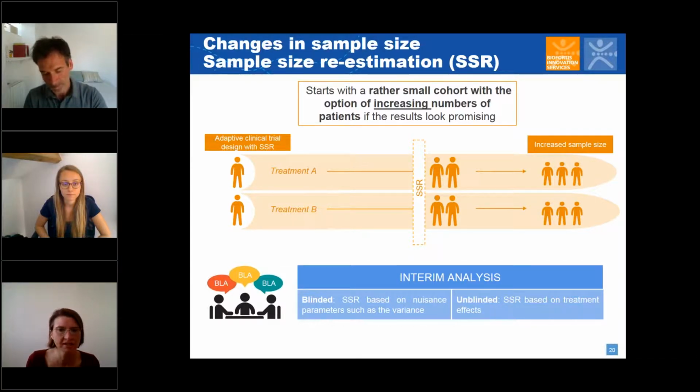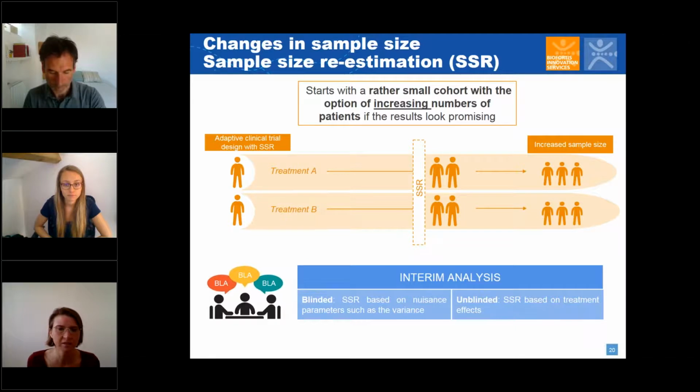The sample size re-estimation approach is to allow an increase in the initially planned study sample size if the results look promising. Sample size adjustment using blinding methods to maintain desired study power should generally be considered for most studies. They are based on nuisance parameters such as variance. Examining the data in this blinded analysis does not introduce statistical bias, and no statistical adjustments are required.